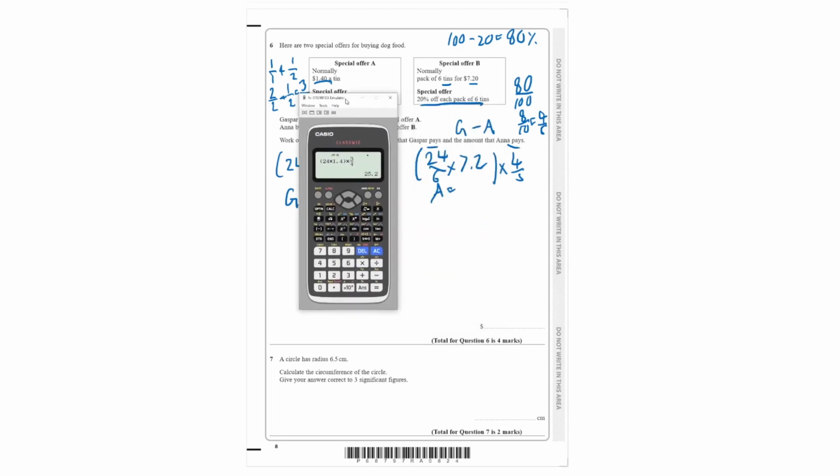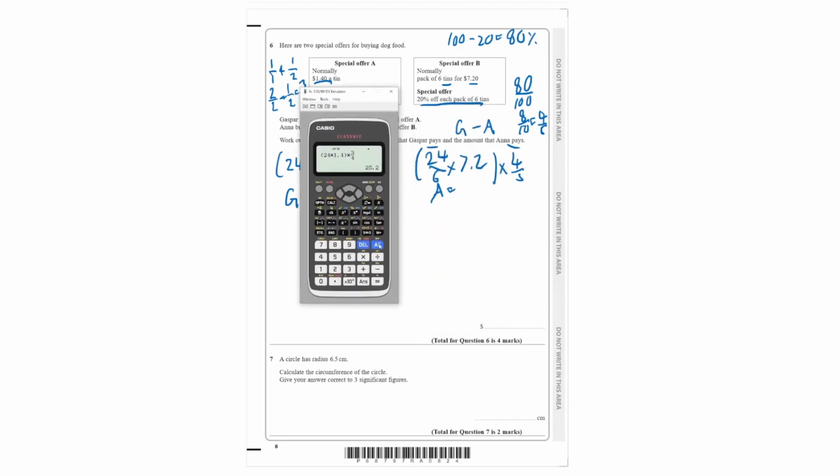We have here 24 divided by 6 times 7.2 times 4 over 5.